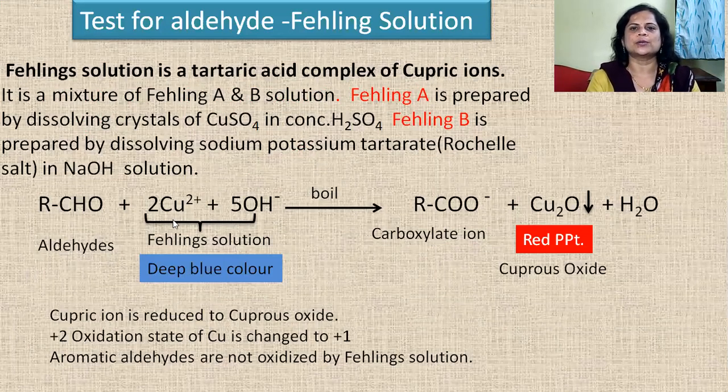When we mix Fehling solution A and B, we get the Fehling solution.